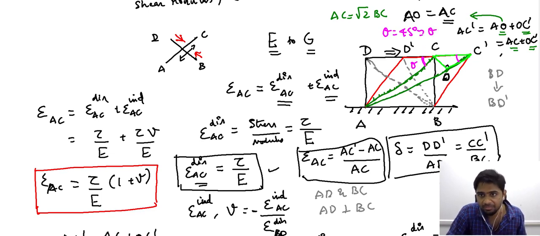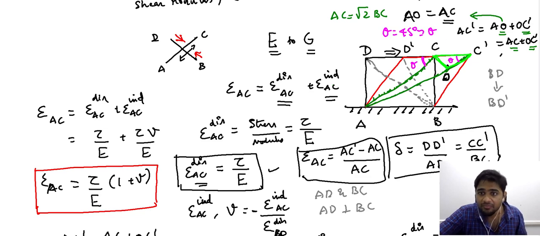So we have an angle of 45 degrees that is subtended because of the diagonal. Since we are working within the framework of elastic deformation, the same angle is assumed in this region here. So in this right angle triangle highlighted in green, one of the angles is 45 degrees.